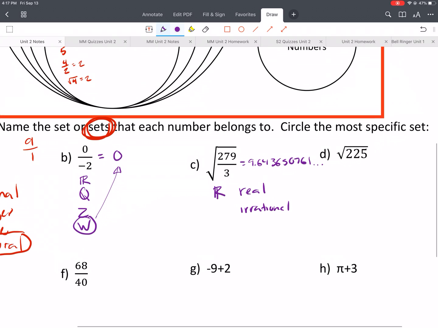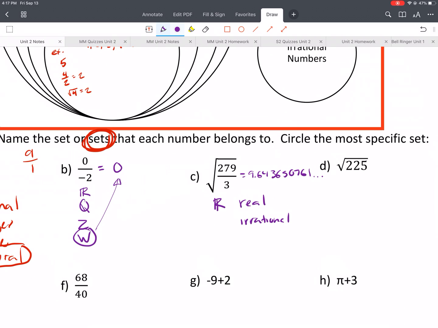If you want to abbreviate, we're going to be doing imaginary later. So let me check really quick, if you don't mind, if there is an abbreviation for irrational.